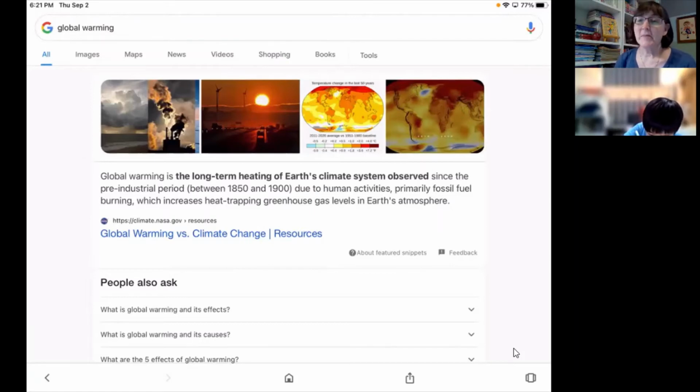And they believe that the reason that the temperature is getting a little bit warmer every year is due to human activity, primarily fossil fuel burning. Fossil fuels would be like oil and gas.